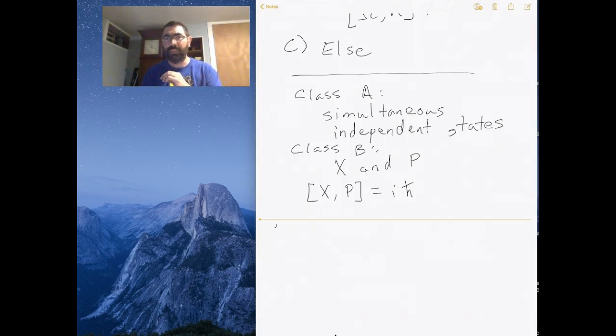Basically, a measurement of position is going to lead to some uncertainty in the momentum, or it's going to affect the momentum of the system. Or a measurement of momentum is going to in some way affect the position of the system.